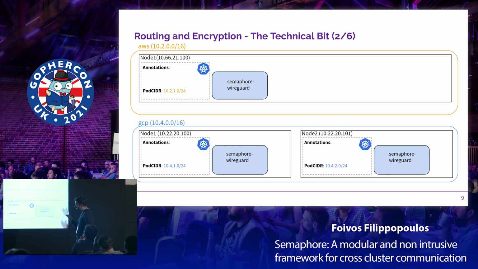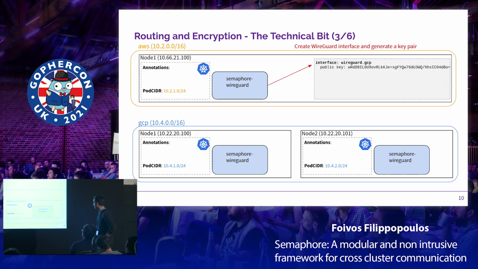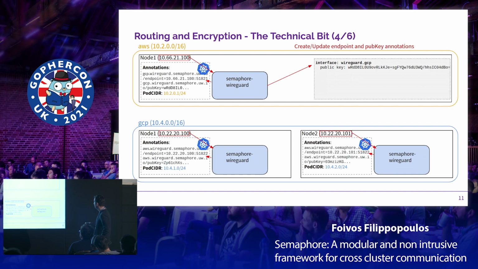I'm going to focus only on AWS because there's so much information on these slides, and it's going to be handier. So everything runs our little daemon set. The first job it's going to do is create a WireGuard interface dedicated to the other clusters. It's going to bring up a WireGuard device, generate public and private keys, and configure everything on a host level, for all our traffic to be routed through there.